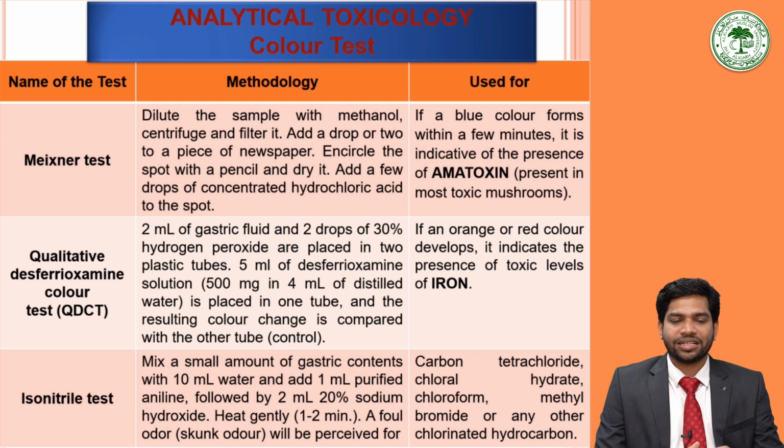Then isonitrile test is done for the carbon tetrachloride, chloral hydrate, chloroform, methyl bromide or any other chlorinated hydrocarbons. Under this test, the development of a foul odor is perceived that is indicative of any of these compounds.